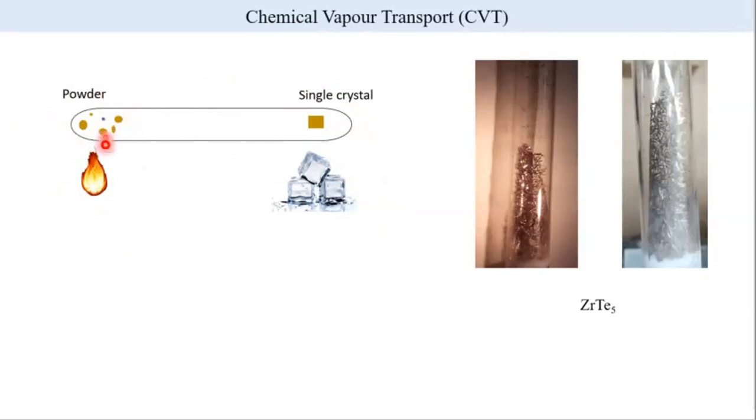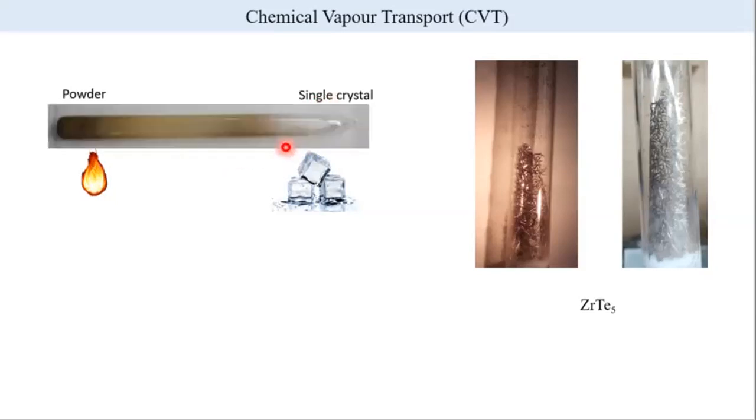While one side is in the hot zone and the other in the cold zone, you have transport of this powder element by the transport agent. By slow transport, one molecular layer at a time is introduced, and in this way you can get a single crystal.